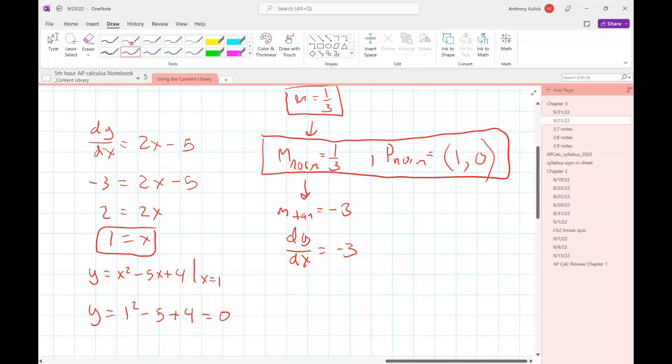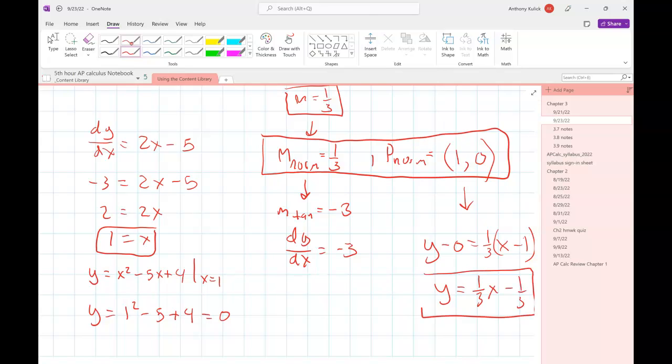So now that I have the point and the slope, I can write my normal line. So that looks like it.